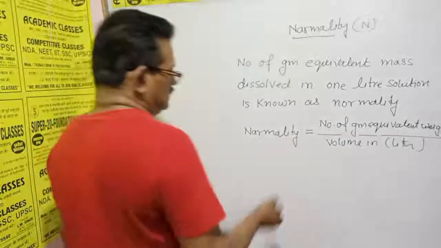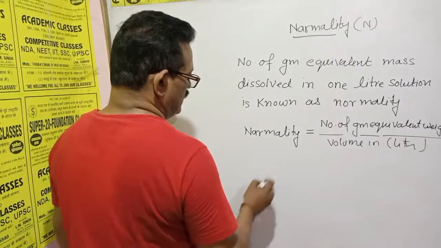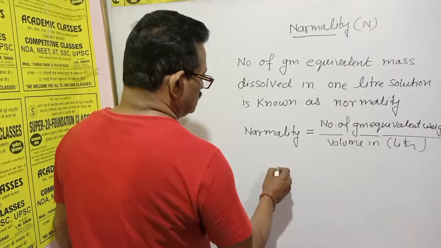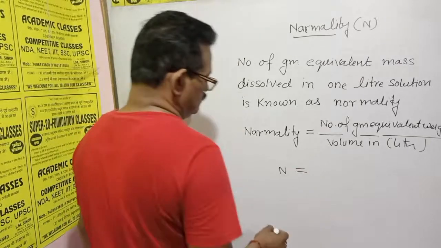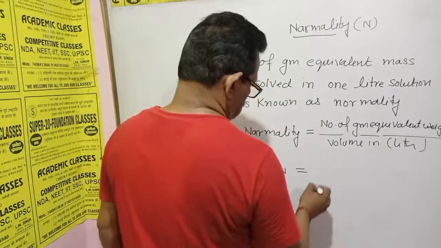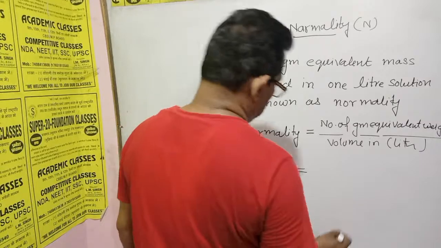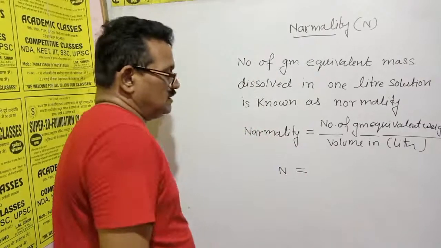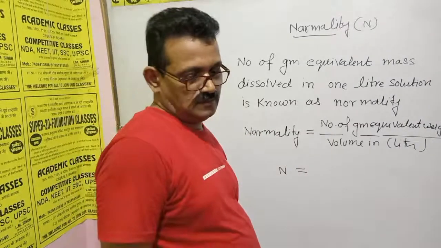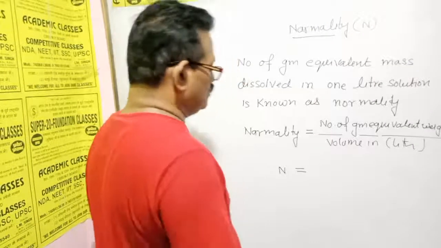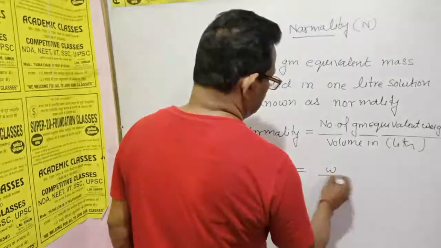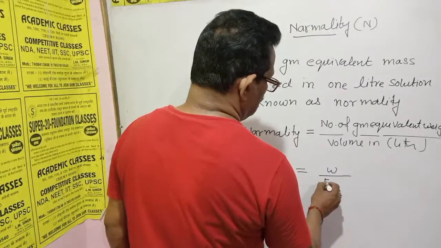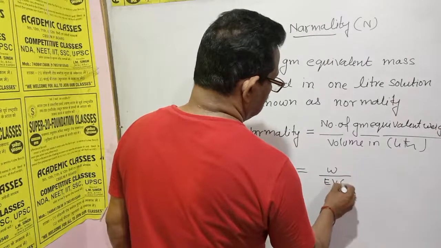Then it can also be written: N is equal to the gram equivalent weight, meaning small w upon E, upon volume in liter here.